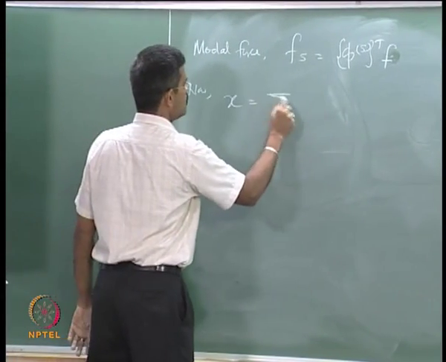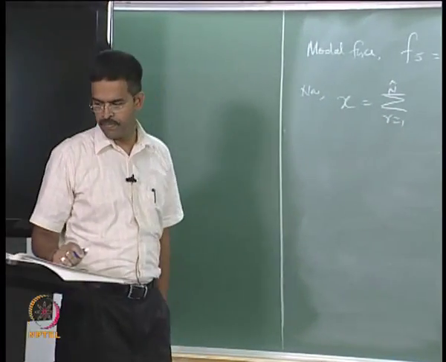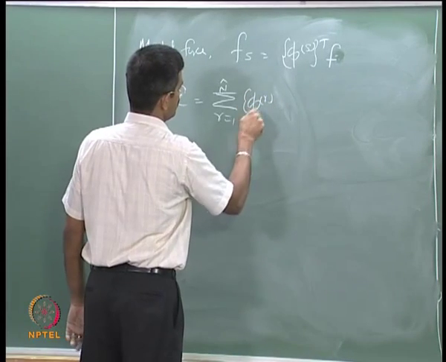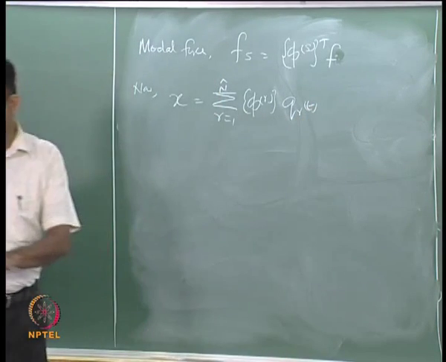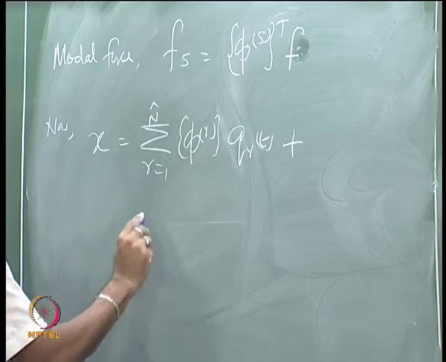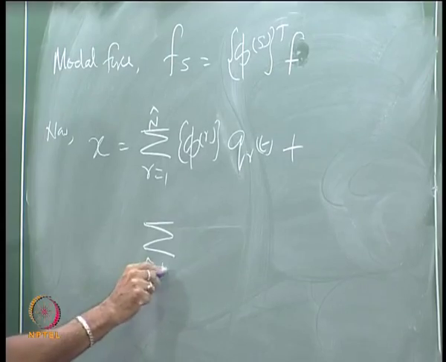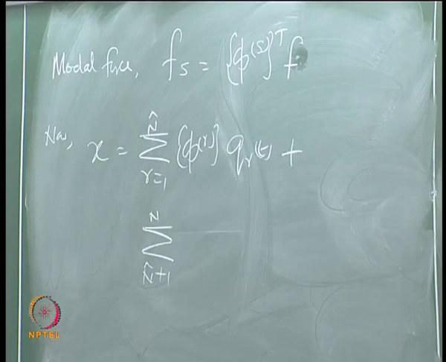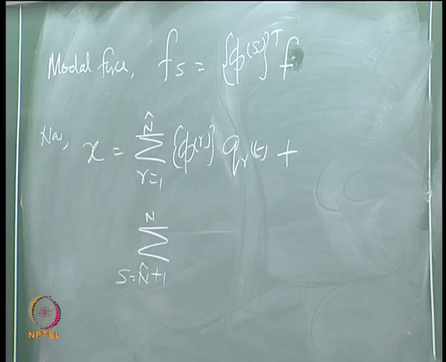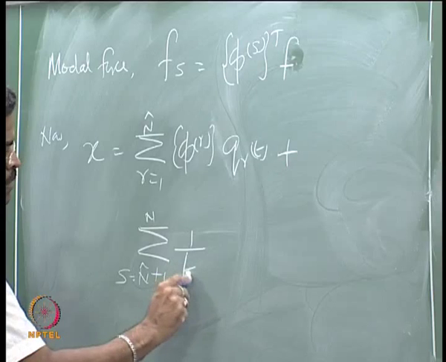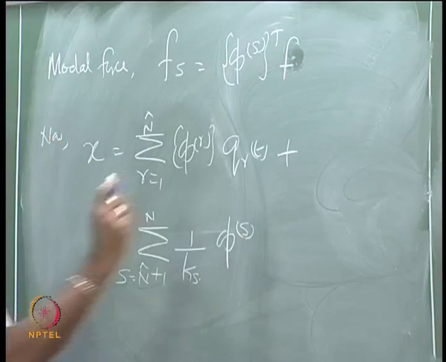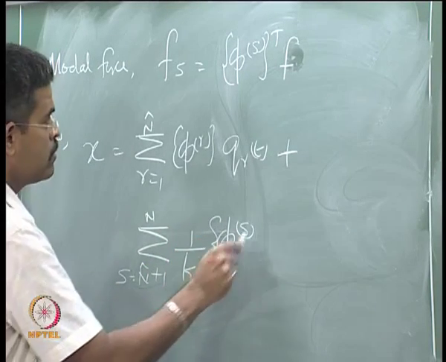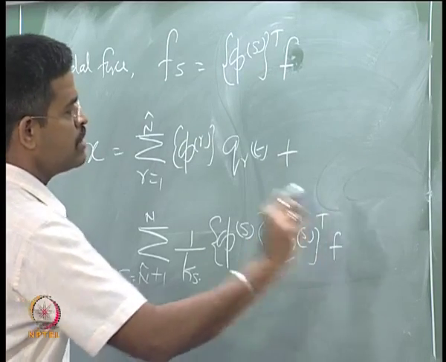So x I already know, summation of r equals 1 to n hat, phi r q r of t, plus summation of s from n hat plus 1 to n, 1 by k s of, I had a numerator f of s, I am replacing it with phi s transpose f, is that okay?